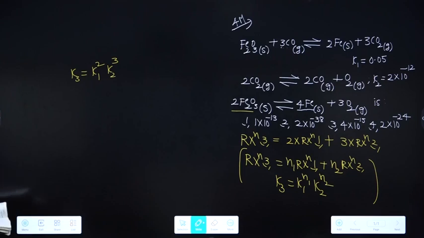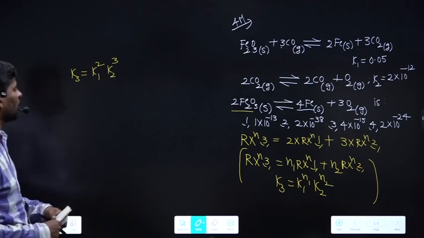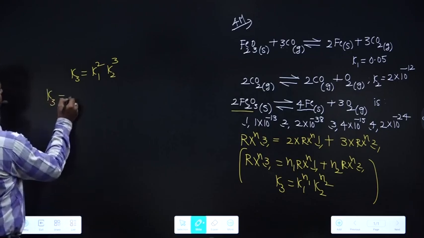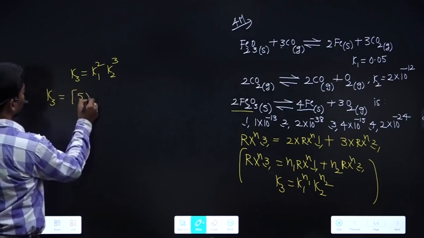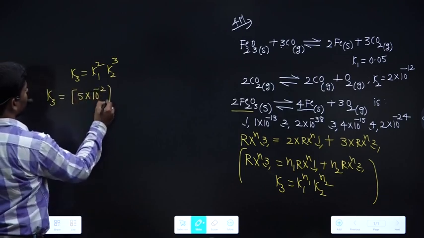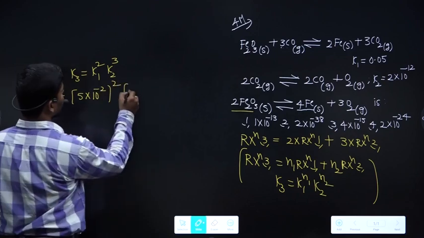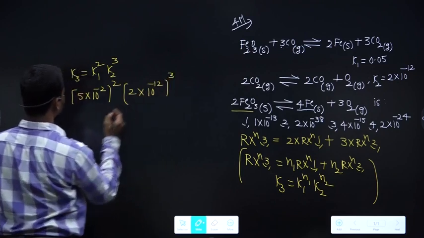Which option? The fourth one is not correct. So K3 is equal to K1, which is 0.05, we can write it as 5 into 10 power minus 2, squared, times K2, 2 into 10 power minus 12, cubed.